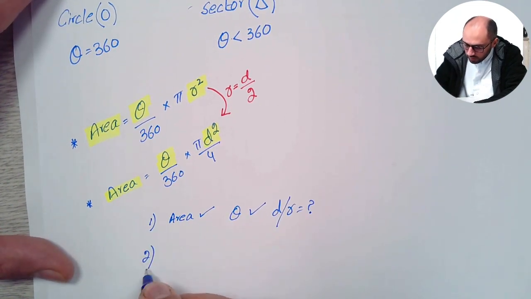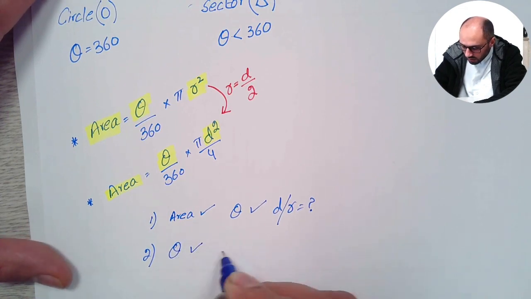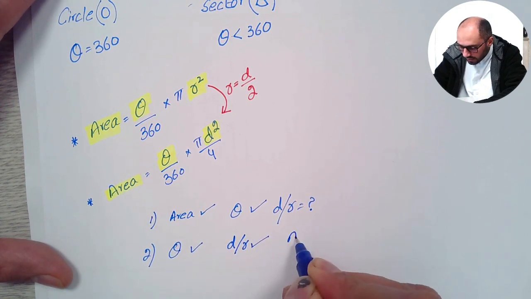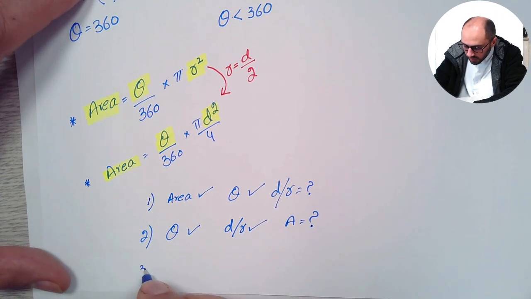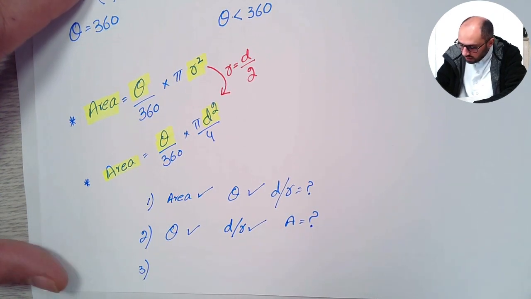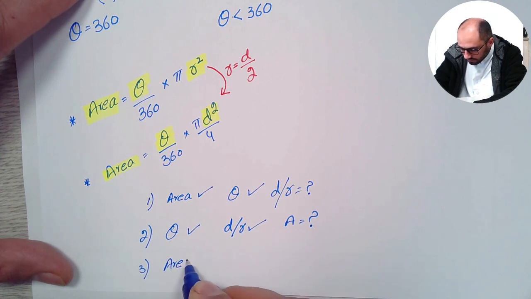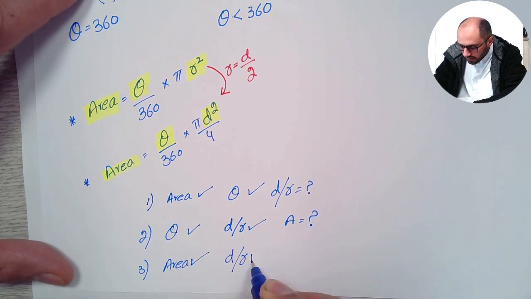Type 2 question will be where they'll give you angle, diameter or radius, and area will need to be calculated. And the type 3 question will be where they will give you the value of area.